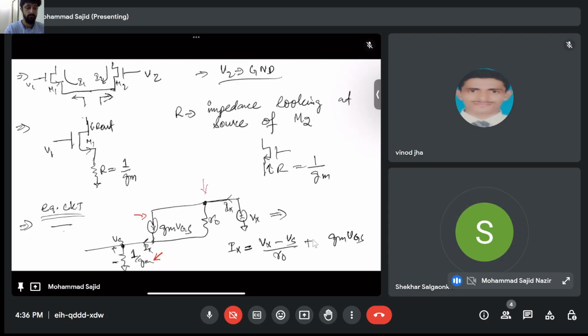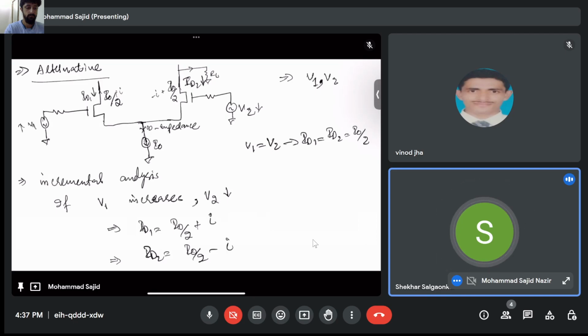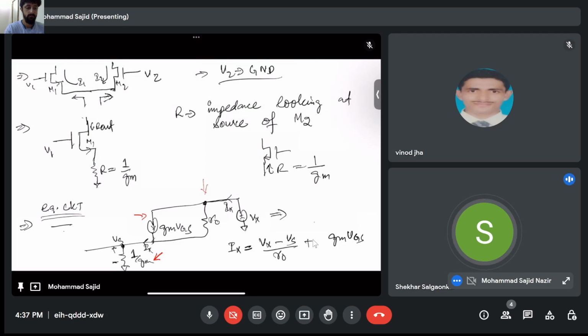Sir, I want to ask you about this Vx, what you have connected, the source. Can I connect it on the other side? This is actually a procedure to calculate a resistance from a particular node.